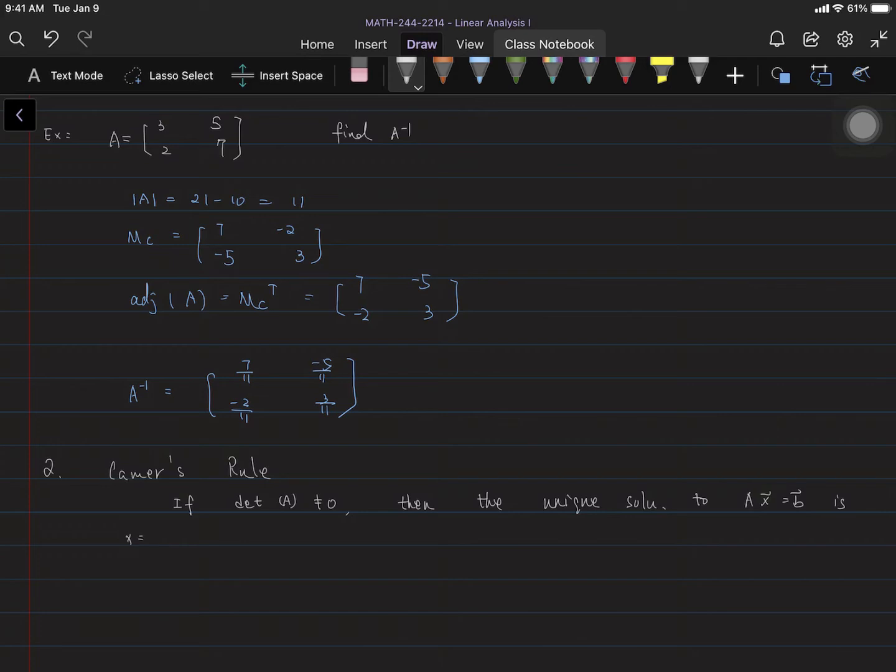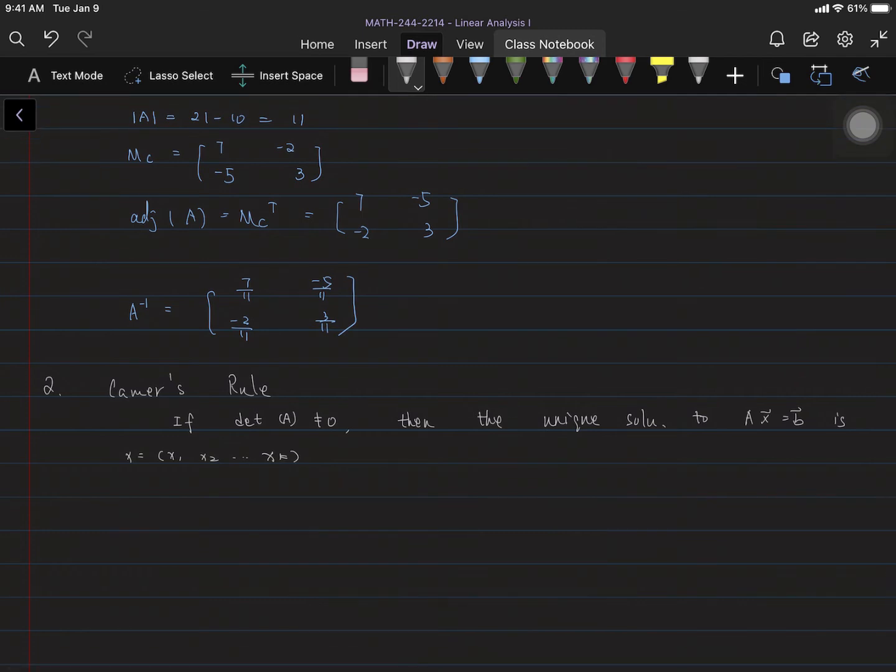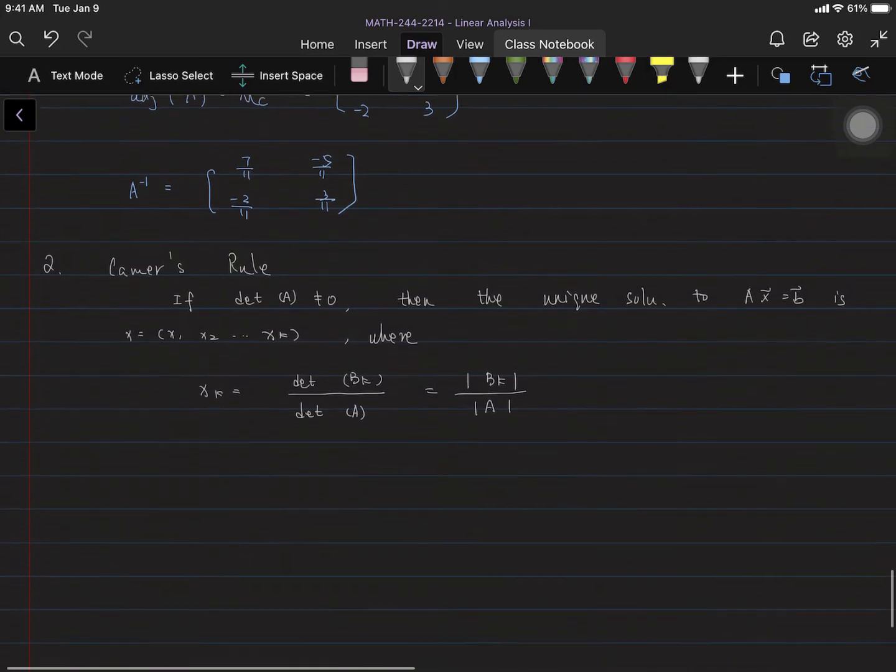x1, x2. If we have xk and k unknowns, then xk equals determinant of Bk over determinant of A. So here, what is Bk?